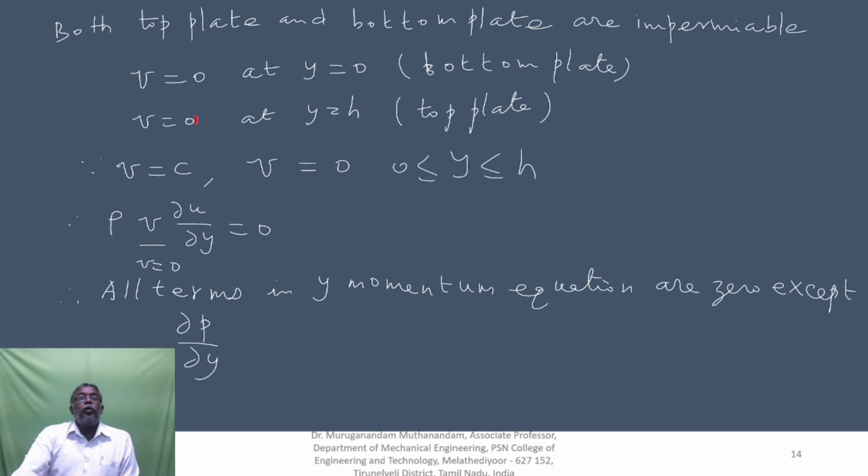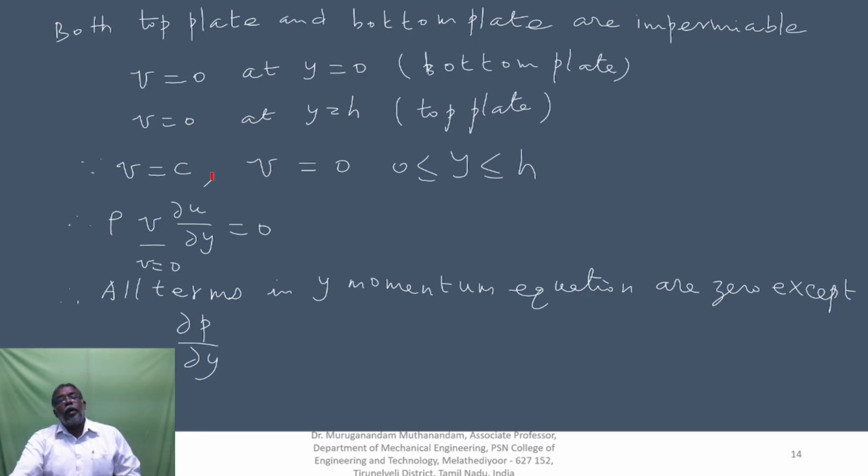V is equal to 0 at both y is equal to 0 and y is equal to h. Y is equal to 0 is the location of the bottom plate where the fluid particle is adhering to the plate. Y is equal to h is the location of the fluid particle nearer to the top plate. In both these locations, the y component of velocity is 0.